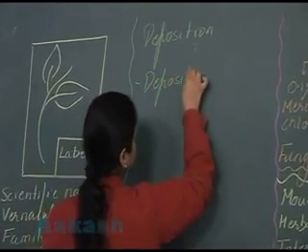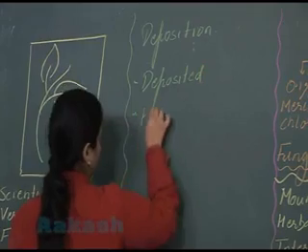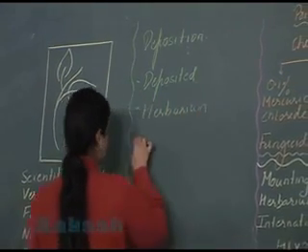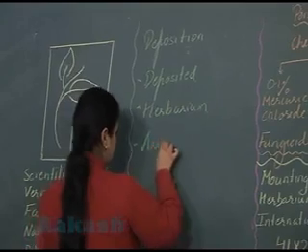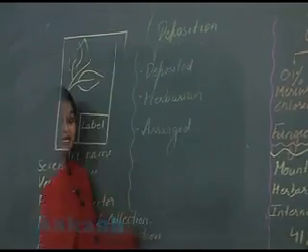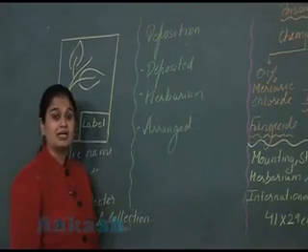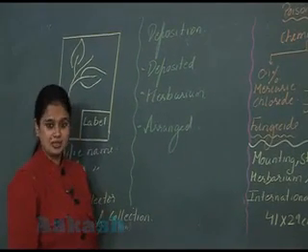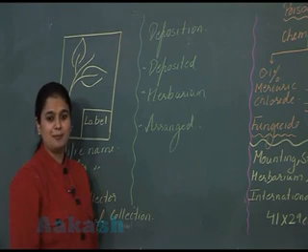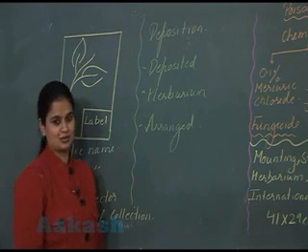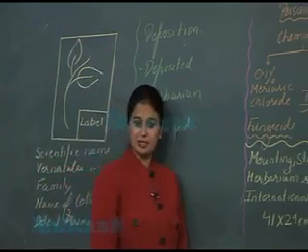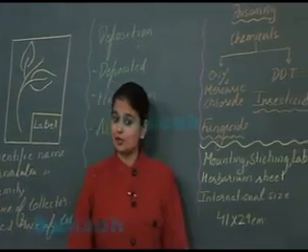Yes, how is it arranged? It is arranged according to the accepted classification system, and the one which is most widely utilized, that is the Bentham and Hooker system. So the different steps of making a herbarium specimen are very clear to all of you.